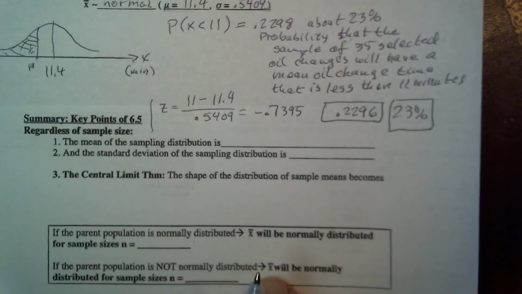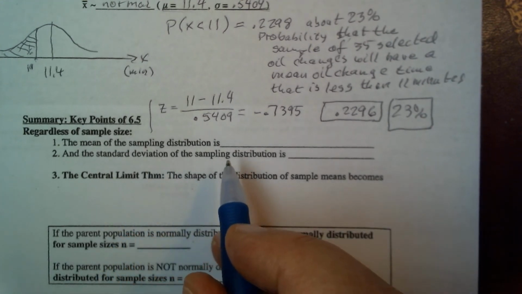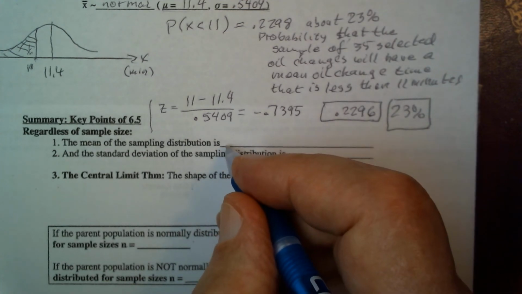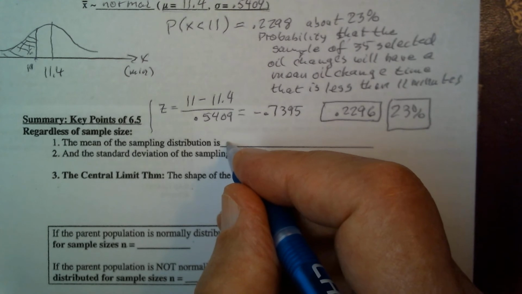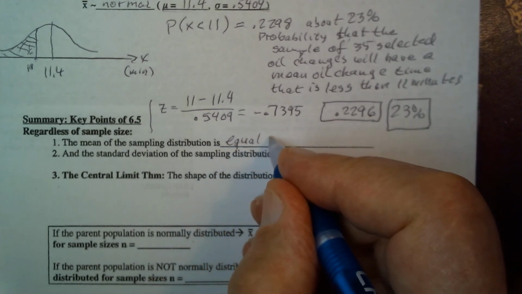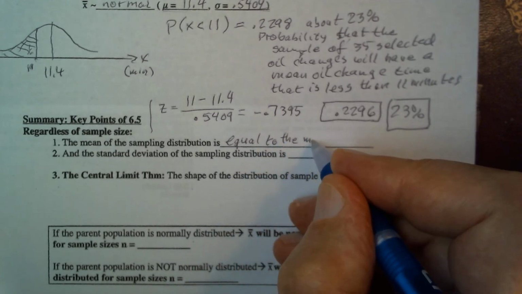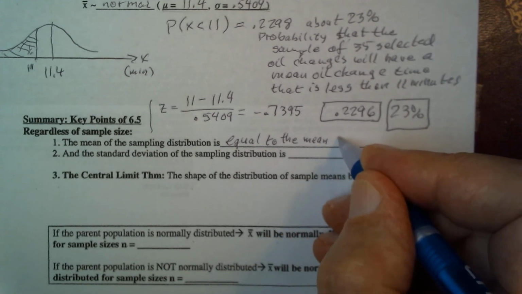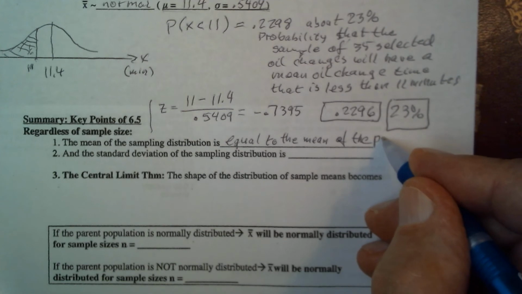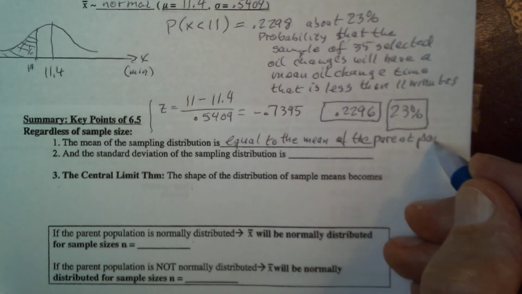So let's review and summarize what we have learned so far. Number one, the mean of a sampling distribution is equal to the mean of the parent population, in other words, the population from which the samples are drawn.